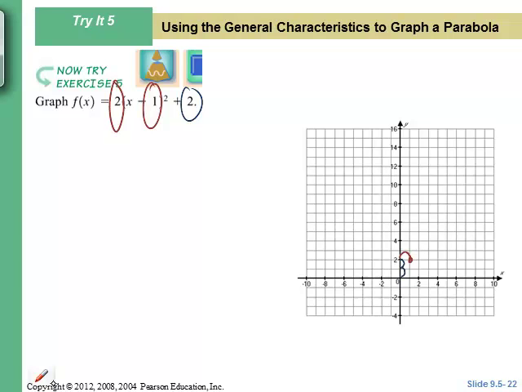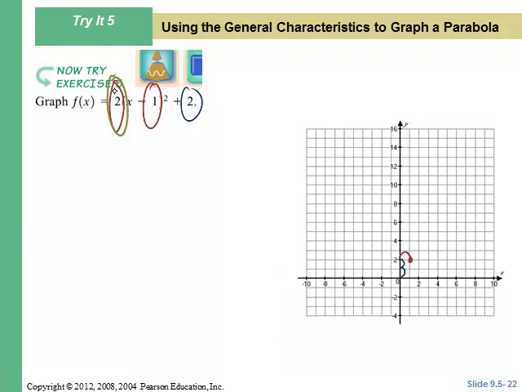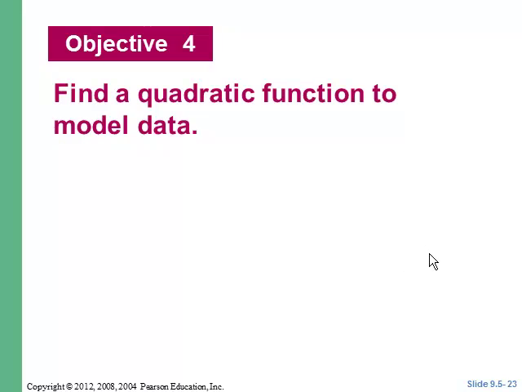This 2 tells us that it's happening twice as fast. So usually we would go over 1, up 1. We're going to go over 1, up 2. So it's skinnier than usual. Okay, and that's how you do those problems. Practice will make perfect.